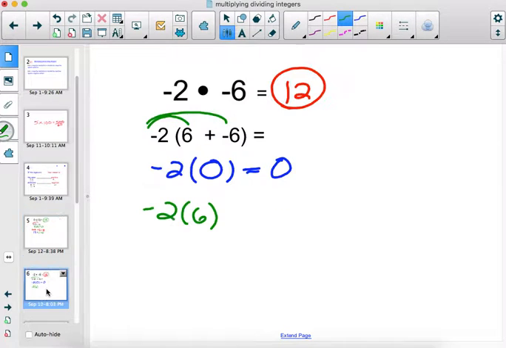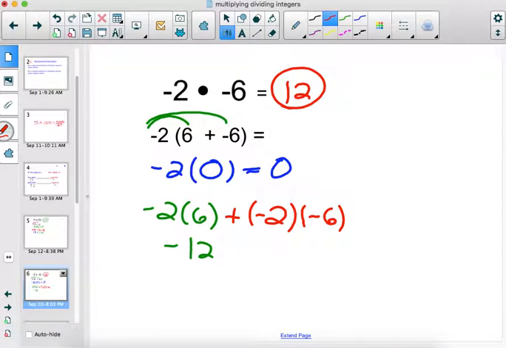Positive times negative, we now know that this is going to be negative 12. Plus, now we have negative 2 times negative 6. We don't know what this is, but we do know, according to this, it has to equal 0.